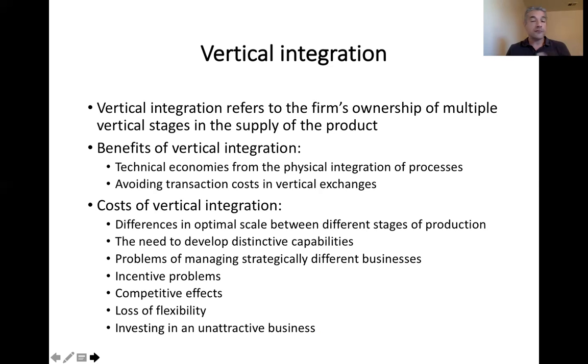If you are a beverage manufacturer and you want to make your own cans or bottles, to break even, to reach that optimal scale at which making your own cans or bottles makes sense, you have to produce so much that your beverage department or beverage facility will probably not be able to consume all the bottles that you create, right?